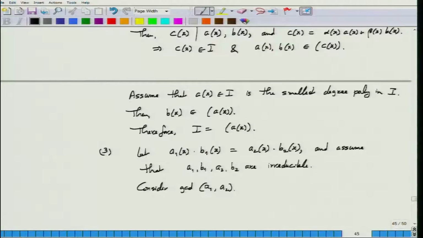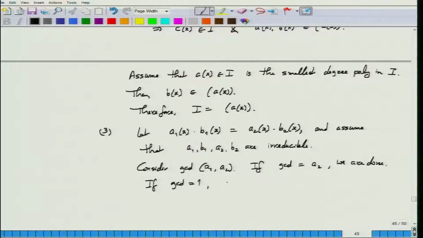On the other hand, if GCD equals A2, we are done. If GCD equals 1, then consider GCD of B1, A2.